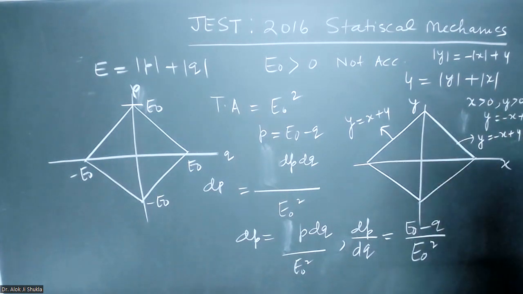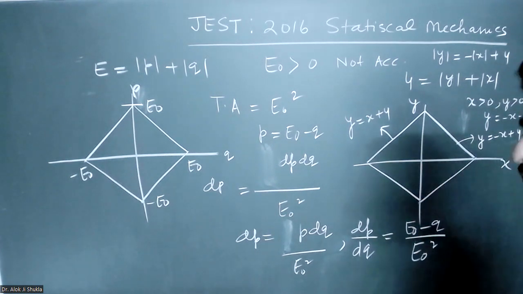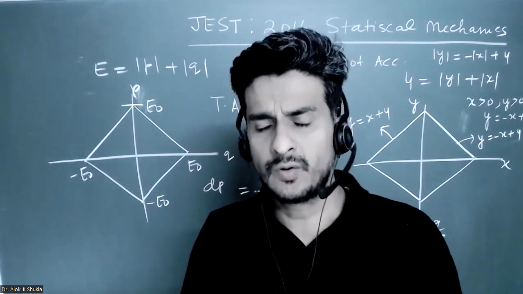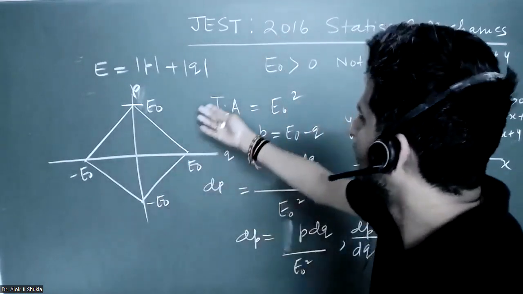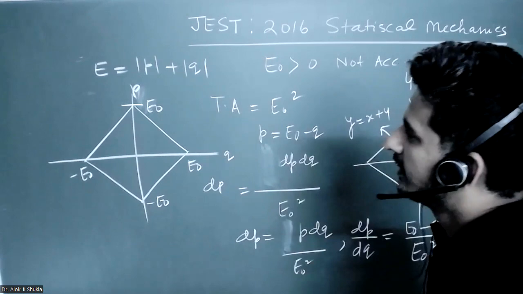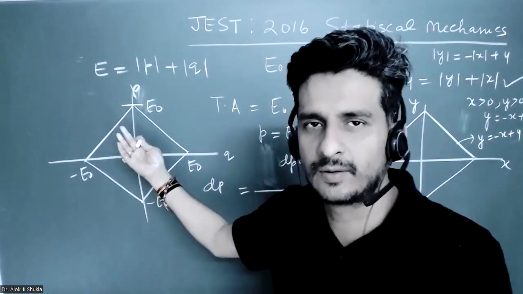This is the probability density: dP by dQ gives the probability density, and this is the answer to that question. So you don't have to hesitate in applying the basic mathematics you already know. If equations like this appear for some Hamiltonian, you just have to treat them like that. Okay, thank you.